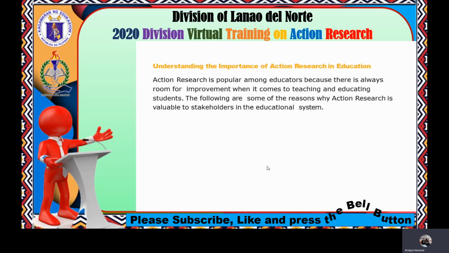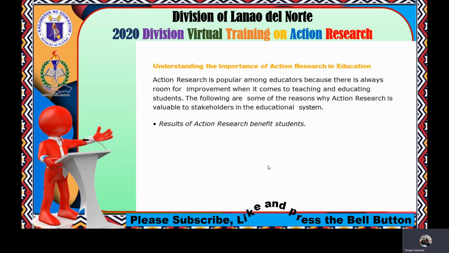The following are some of the reasons why action research is valuable to stakeholders in the educational system. First, results of action research benefit students. This is true. Through action research, effective solutions to student problems such as poor school performance, low motivation, or frequent absenteeism can be identified and applied.